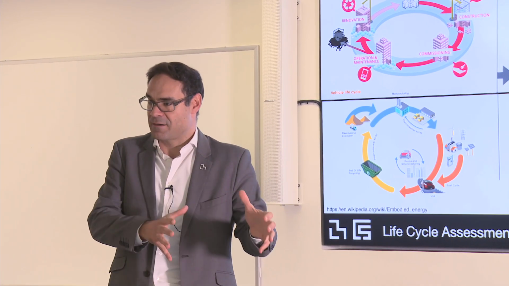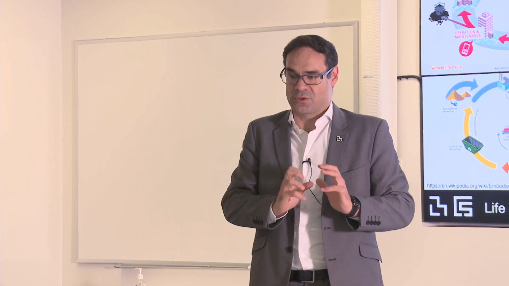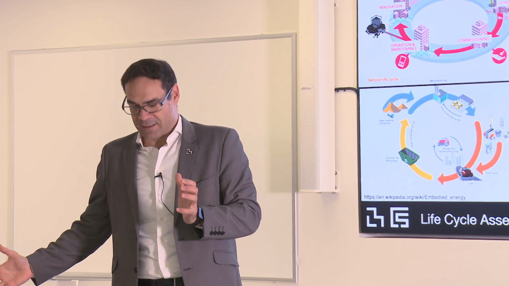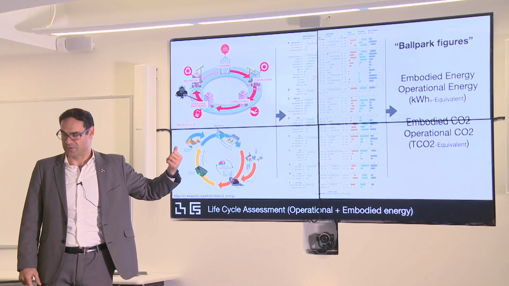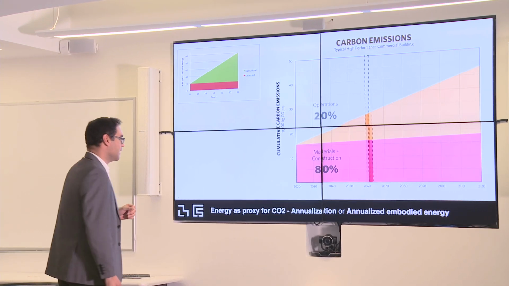Maybe they are producing the car, but the car is used in the UK. So that CO2 shouldn't be just attached to China, it should be attached to the people using the car. That's something important, so we were using this for the model.